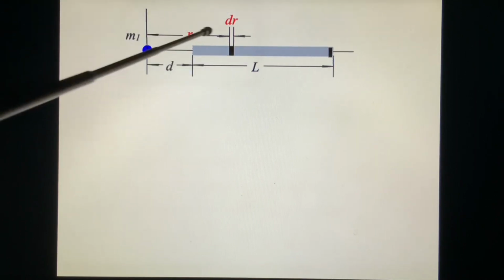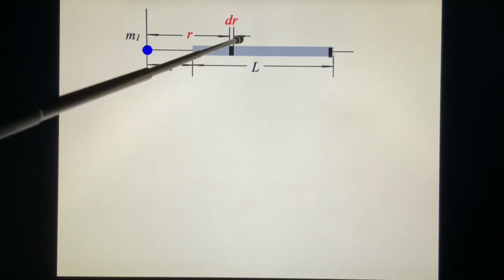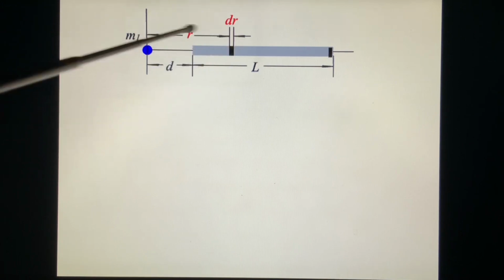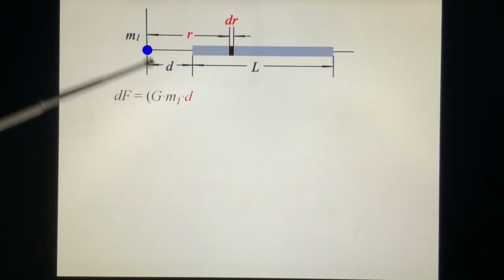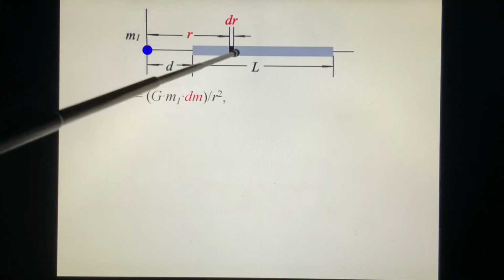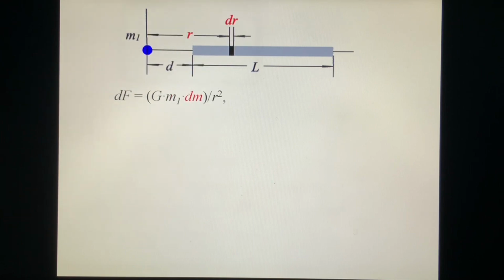Now, let's see what the gravitational force is acting on this m1 by this section dr. According to Newton's law, dF equals G m1 dm, this section, over r squared. We have to relate the dm with this dr because different dr will have different dm.